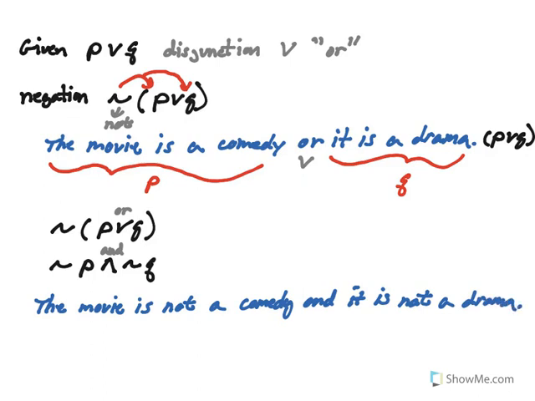All right? That's what it would become. That's the negation of a disjunction.